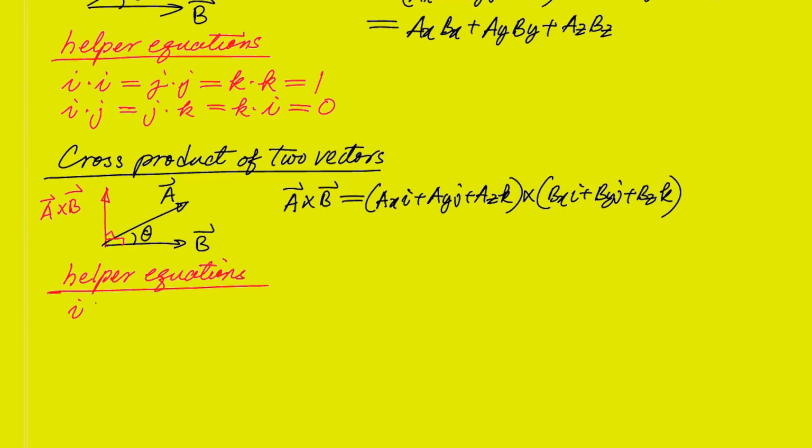Let's first look at the cross product between i and j, between j and k, and between k and i. Noticing that if we were to reverse the order of the cross product, the result is different by a negative sign.